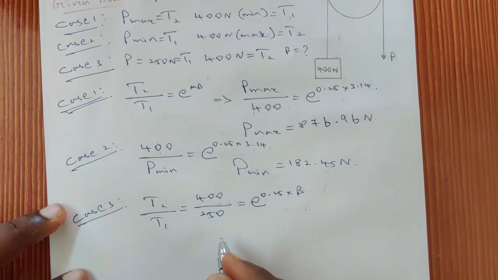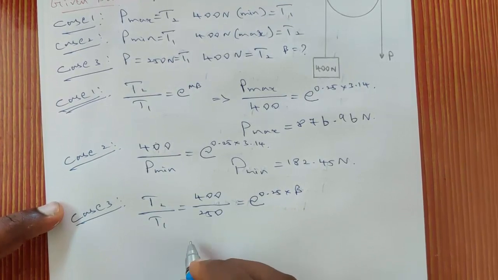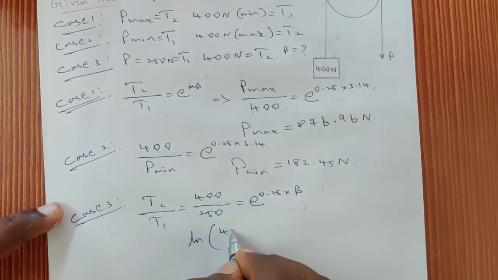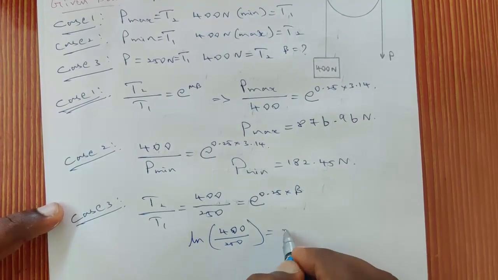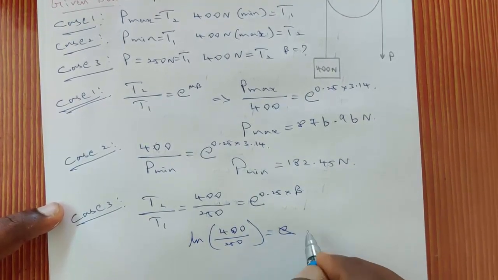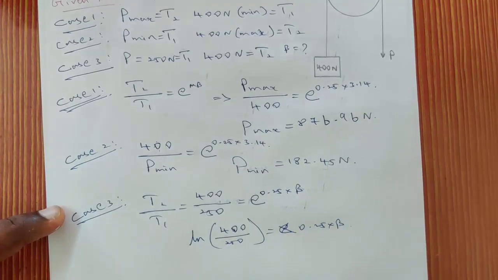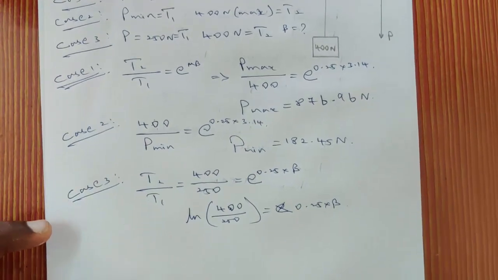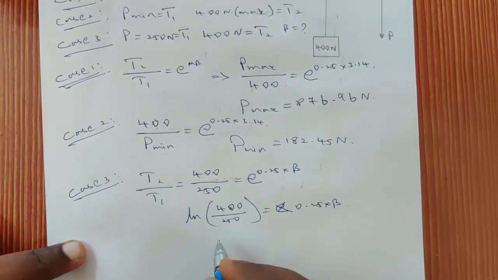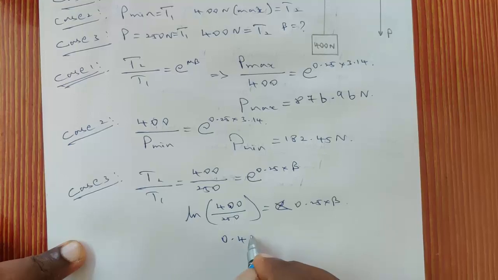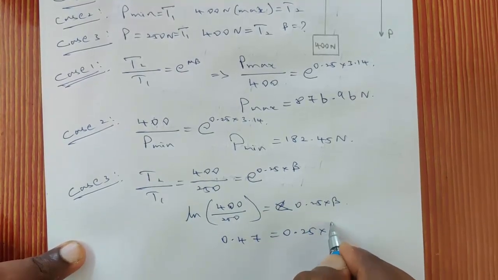To remove the exponential, take log on both sides. It is ln of 400 divided by 250 equal to 0.25 into beta. If you calculate the value of ln of 400 divided by 250, it is 0.47, equal to 0.25 into beta.